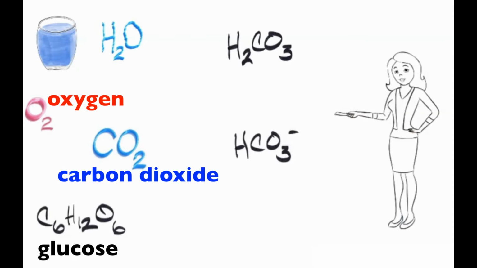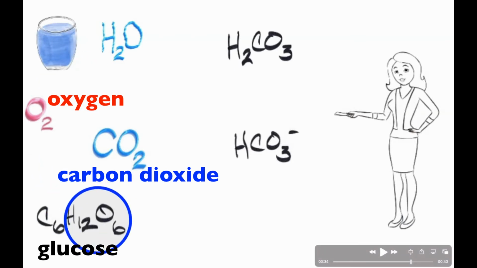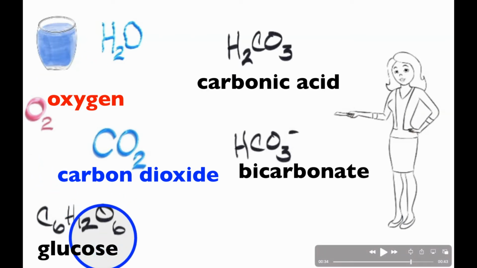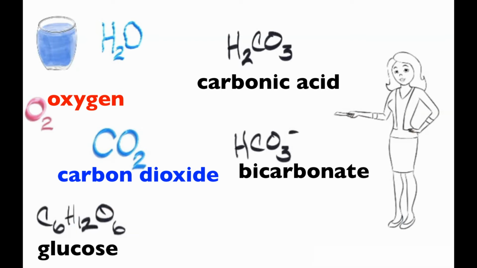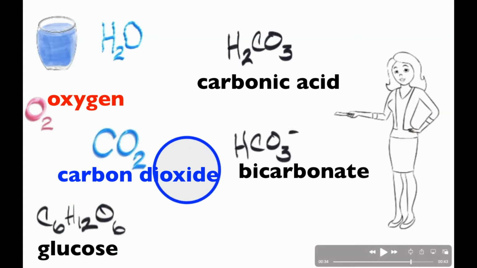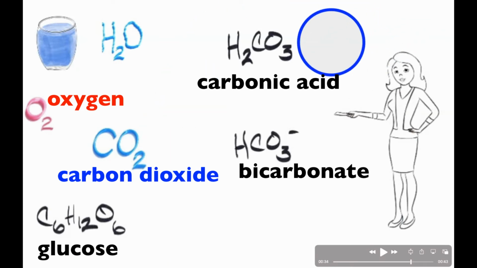And then there's two molecules up here, carbonic acid, and below it, bicarbonate. These are molecules, atoms bound to each other via covalent bonds, which is sharing of electrons.